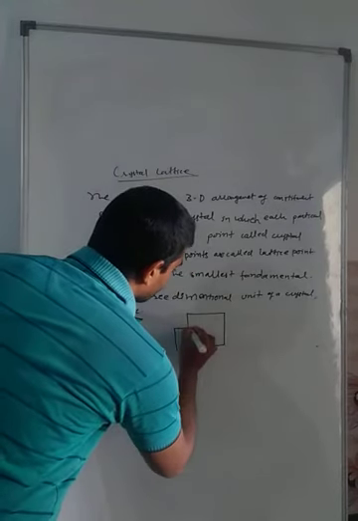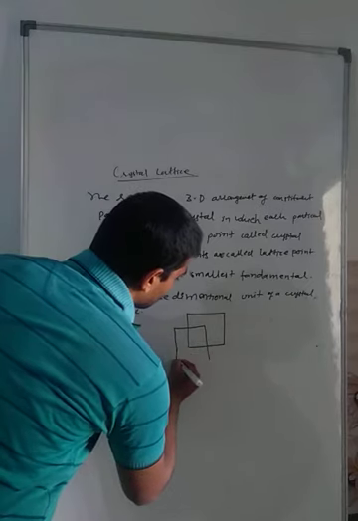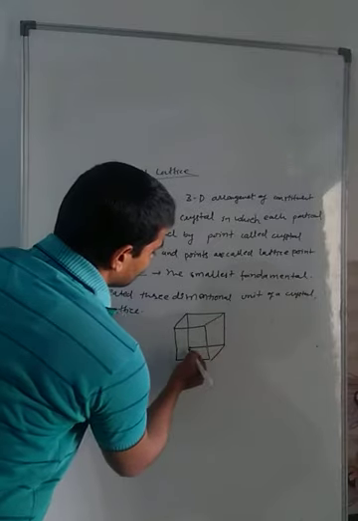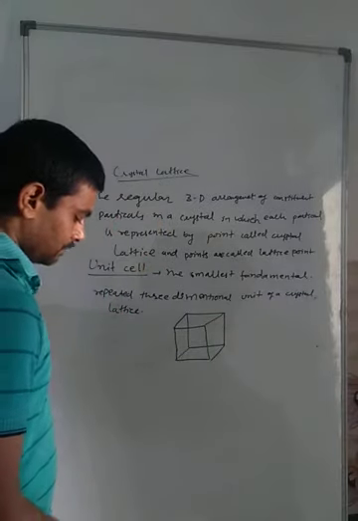This is the smallest example of a unit cell, a portion of the lattice in which it is represented.